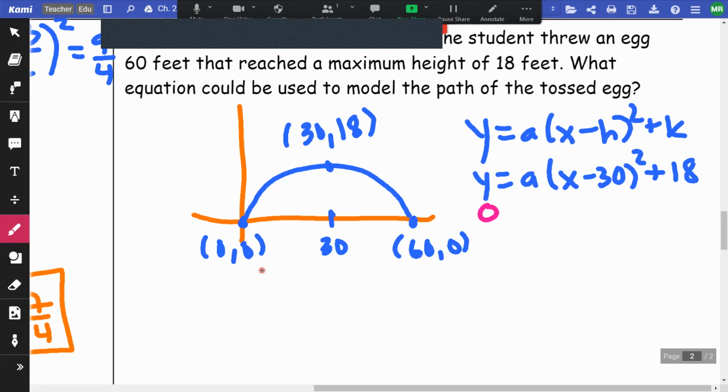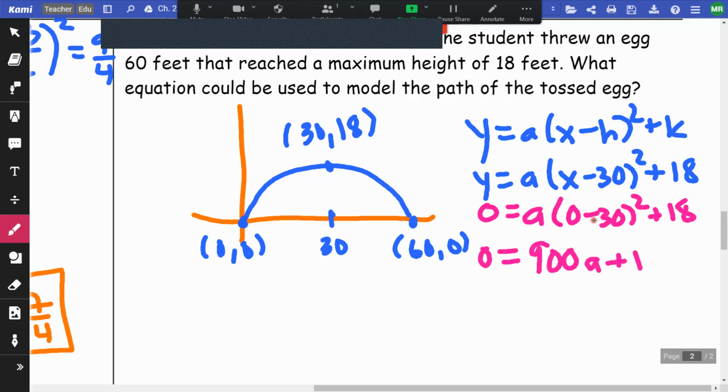So I'm going to go 0 equals a times the quantity 0 minus 30 squared plus 18. 0 minus 30 is a -30, and a -30 squared is 900. So I'm going to have 900a plus 18.